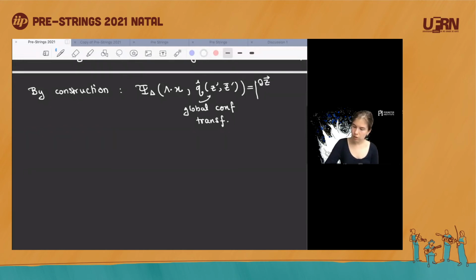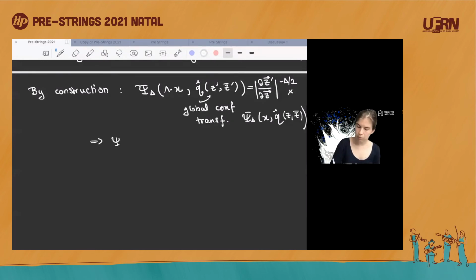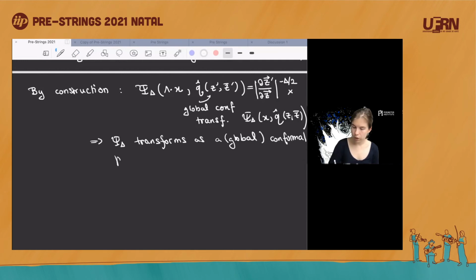So dz prime over dz to the minus delta divided by 2 times psi delta of X and q hat of z, z bar. So psi transforms as a global conformal primary.